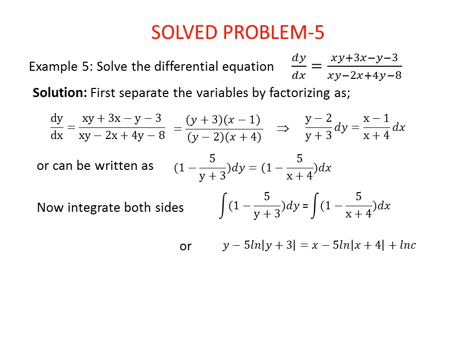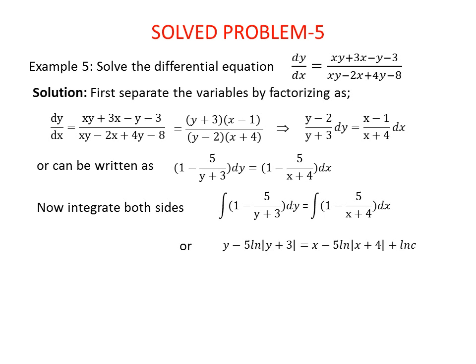So 5 comes outside the integral sign, and we take the integral of 1 over y plus 3 by using formula number 2 in the given list of integral formulas.